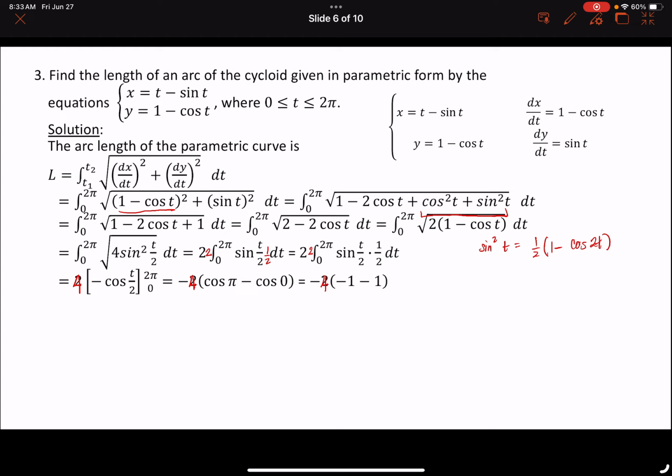So plugging in the upper limit, 2 pi over 2 would just be pi, and cosine pi is negative 1, and cosine 0 is negative 1. So we will be having, I think the length should be 8 units.